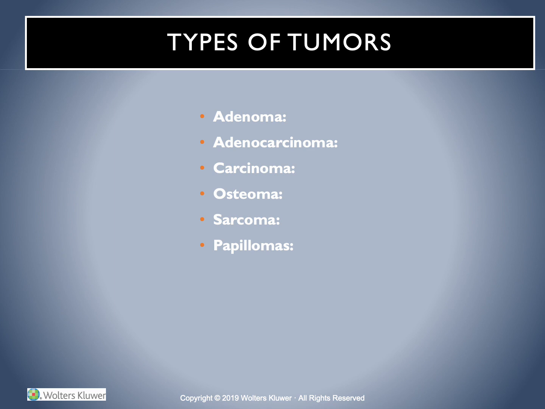Lymphomas can be classified into two main types, Hodgkin's lymphoma and non-Hodgkin's lymphoma. These are just a few examples of the many types of tumors that can occur in the body. Each type of tumor has its own unique characteristics, treatment approaches, and prognosis. Proper diagnosis and classification of tumors are crucial for determining the most appropriate treatment options and management strategies.